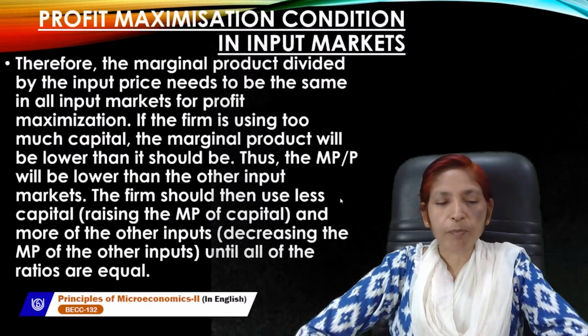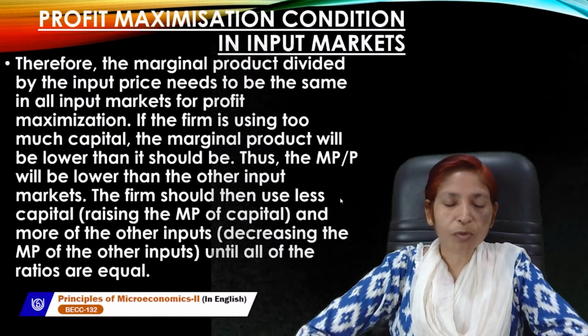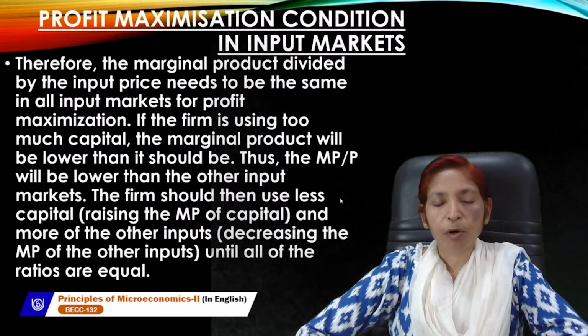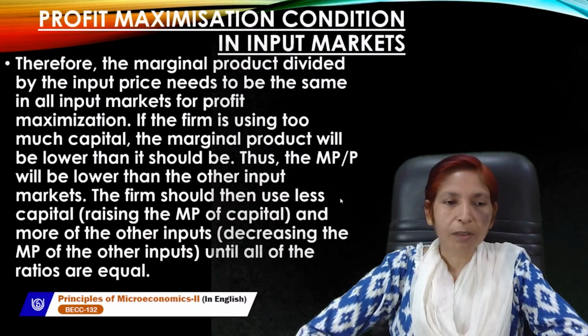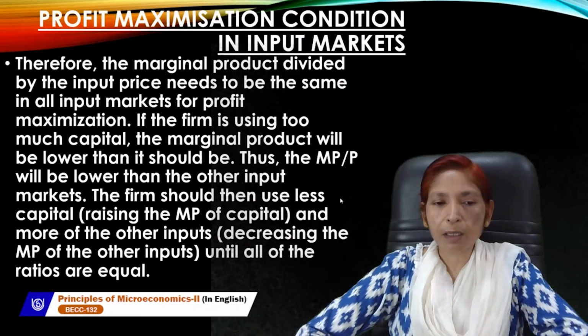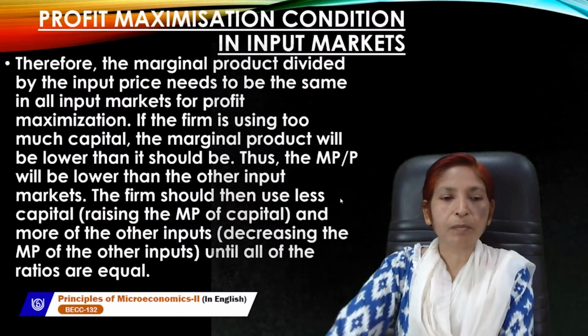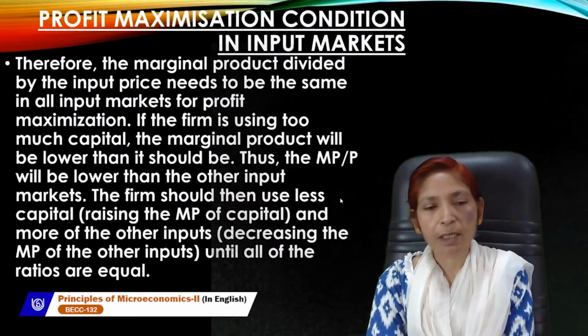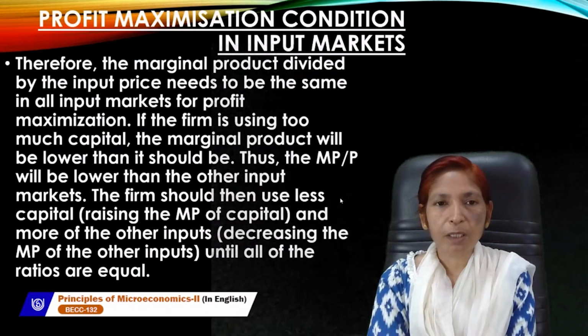So, if MPA upon price of A is equal to MPK upon price of capital is equal to MPL upon price of labor, where all these things are equal, then the equilibrium or profit maximizing condition can be achieved.